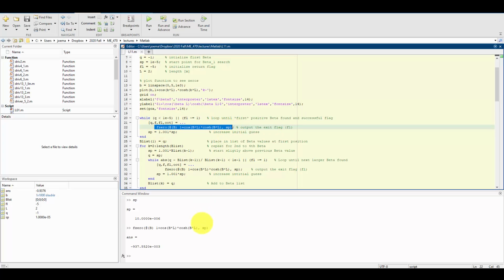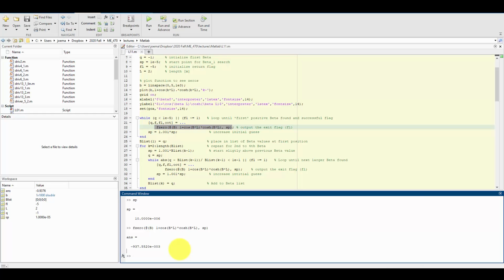It's saying that a beta that makes this true is negative 0.937. Mathematically, yes, that is a root to this equation, but I only want positive roots, and this one's negative. So this is not a good root.